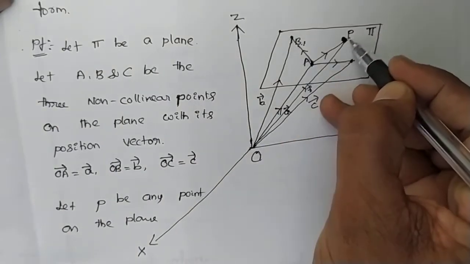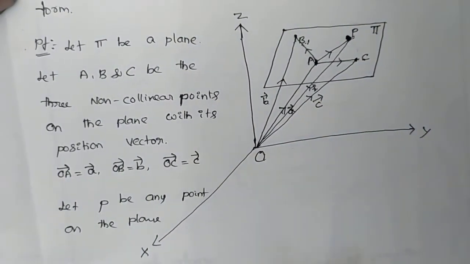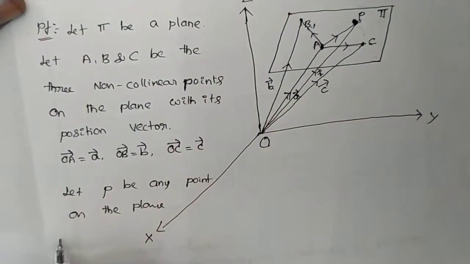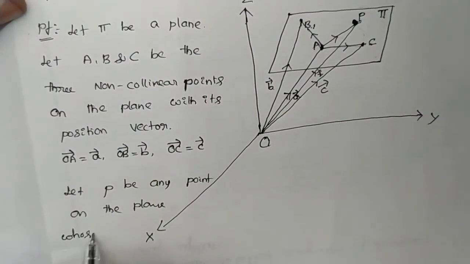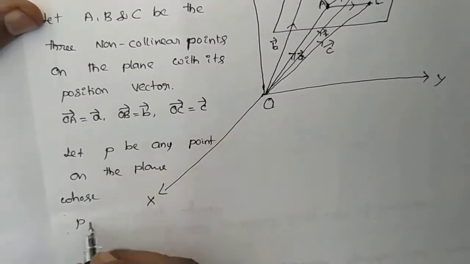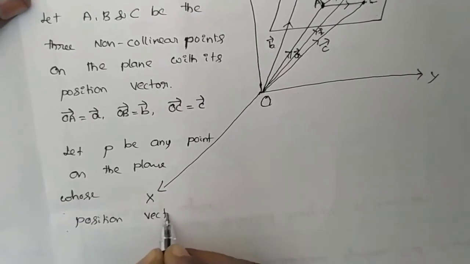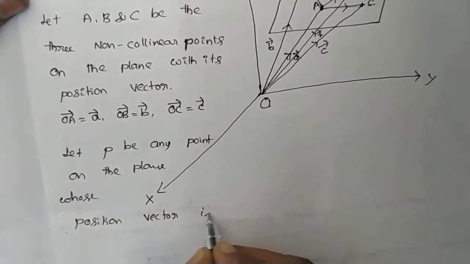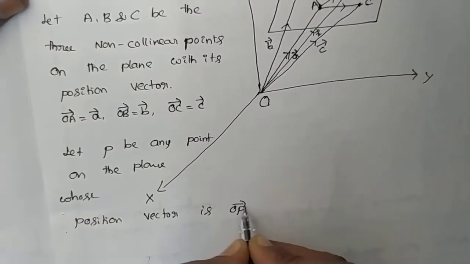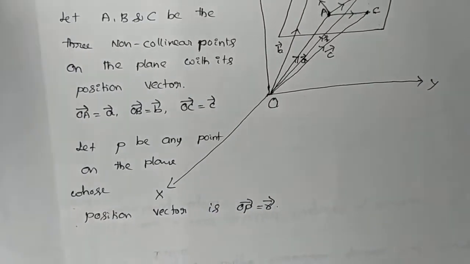Its position vector is R vector. OP vector equals R vector.